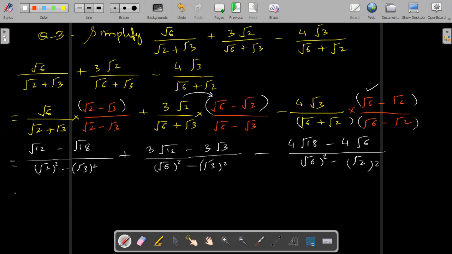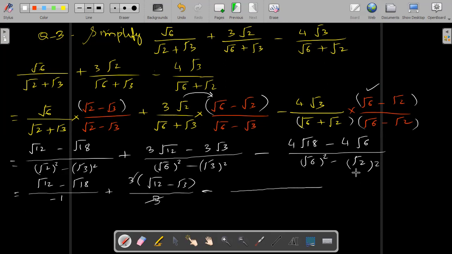Now 2 minus 3 is minus 1, root 12 minus root 18 plus root 6. 6 minus 3 is 3, so here 3, and here also 3, so you can take the common 3 from the numerator; root 12 minus root 3 will be left, and these two 3s will be cancelled. Similarly here, 6 minus 2 is 4, and here also 4 can be taken common, so root 18 minus root 6, so this 4 will also cancel.